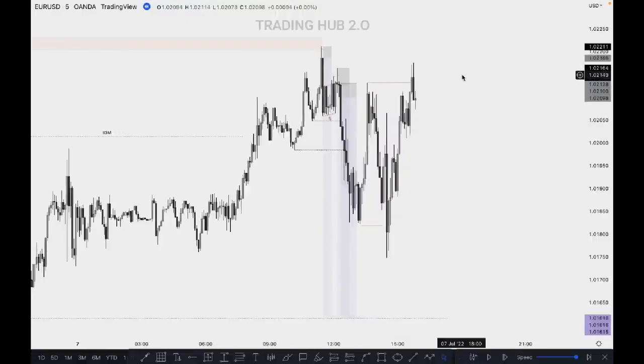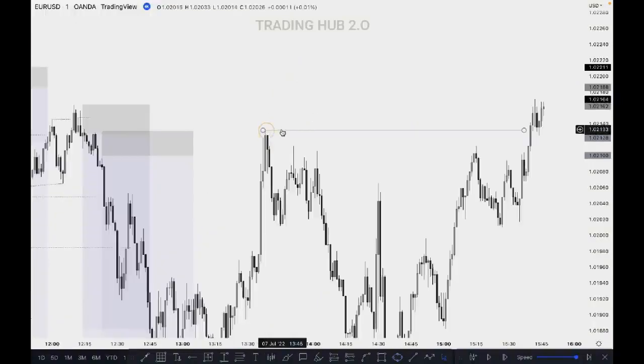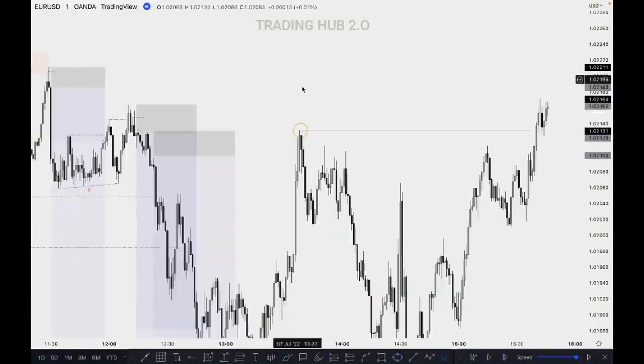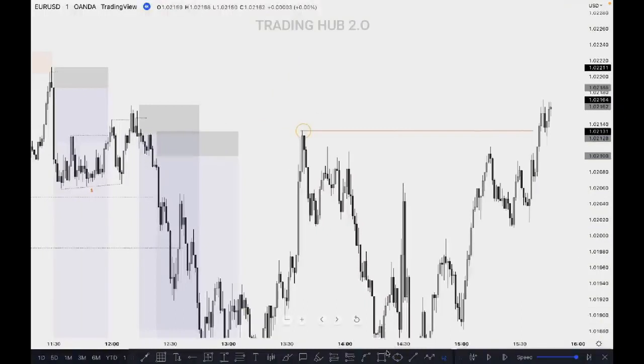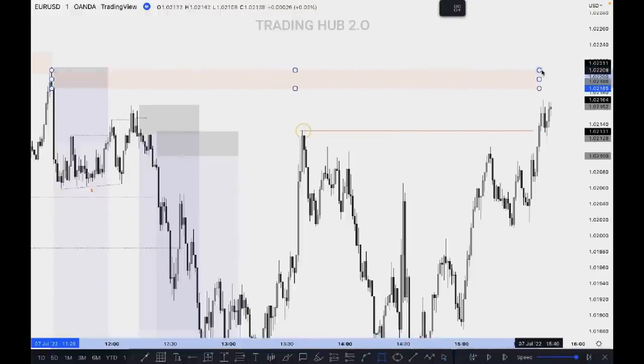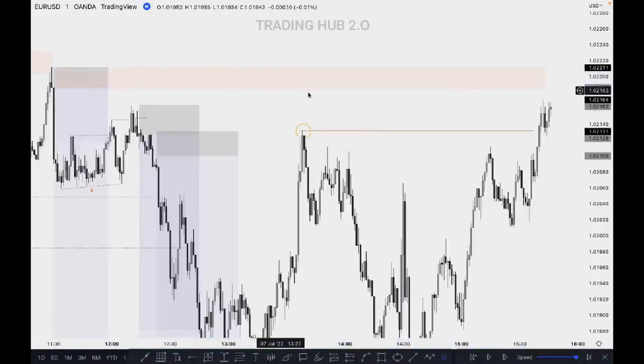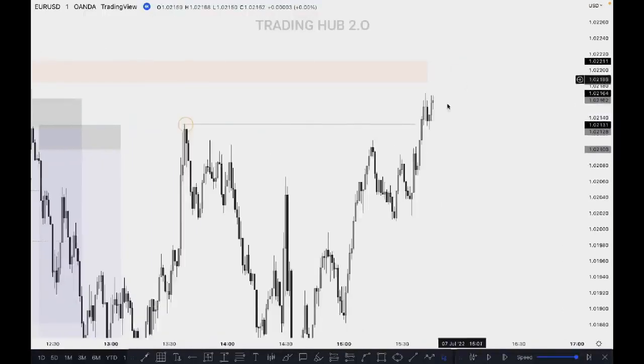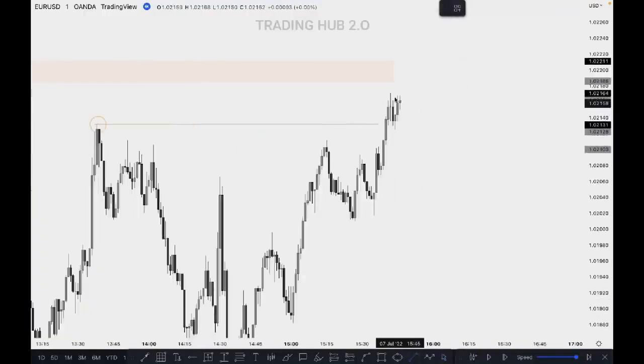After taking out this high, now let's switch to the M1 to add more positions for the downside. Now let's see, price took out the previous M5 low which is here, and on the left side, if available, we can see this is our supply zone where we can take an entry for the sell. If the market taps on it, then we can sell. If the market sweeps this high and closes below it, then we can sell.